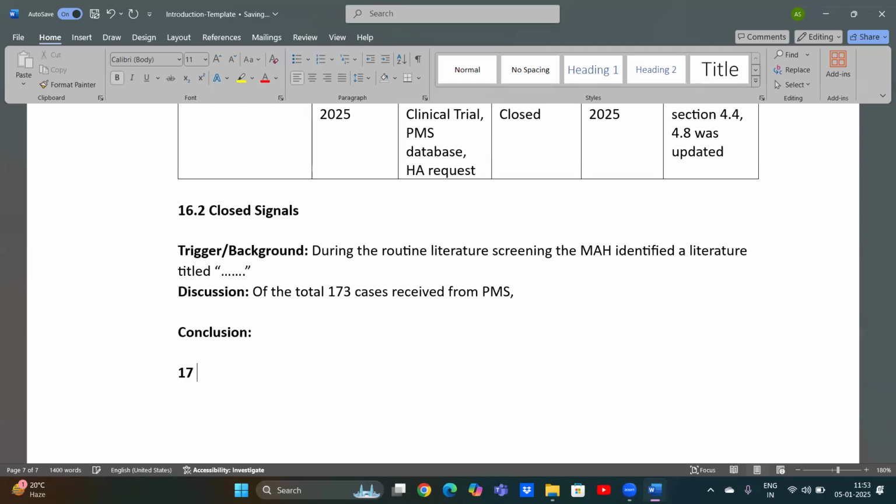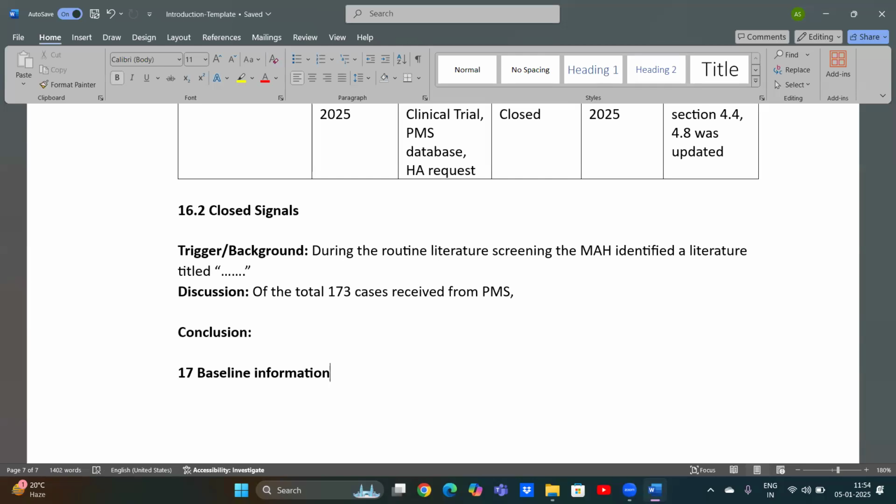17. What is the topic for 17? Tell me, because I don't have it open in front of me. Baseline information, something about application.